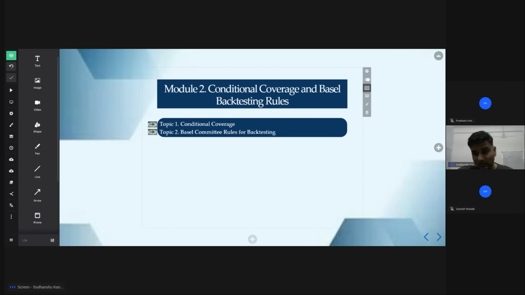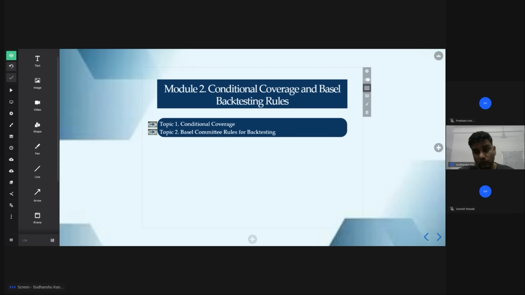Earlier we studied unconditional coverage, checking: does the total number of exceptions match what we expect from the confidence level? These exceptions and expectations keep getting confused, right?